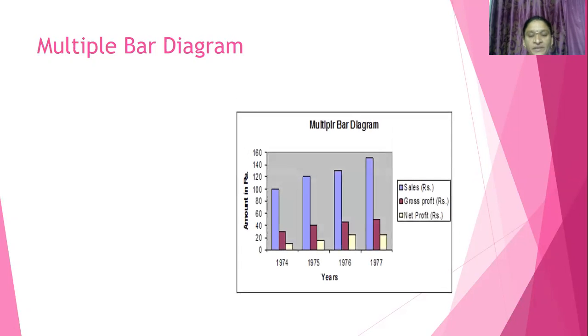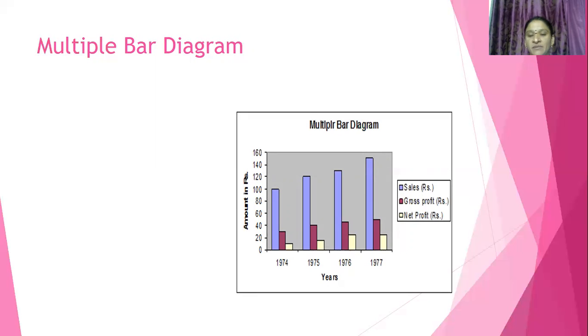The next one we have is multiple bar diagram. It looks like this. In the previous type of bar diagram, that is subdivided bar diagram, we have seen that all the variables are shown in the same bar. Instead of showing all the variables in the same bar, if we are showing them on different bars, then it is called a multiple bar diagram. We are using multiple bars for each variable. In this example, there are 3 variables, that is sales, gross profit, and net profit.